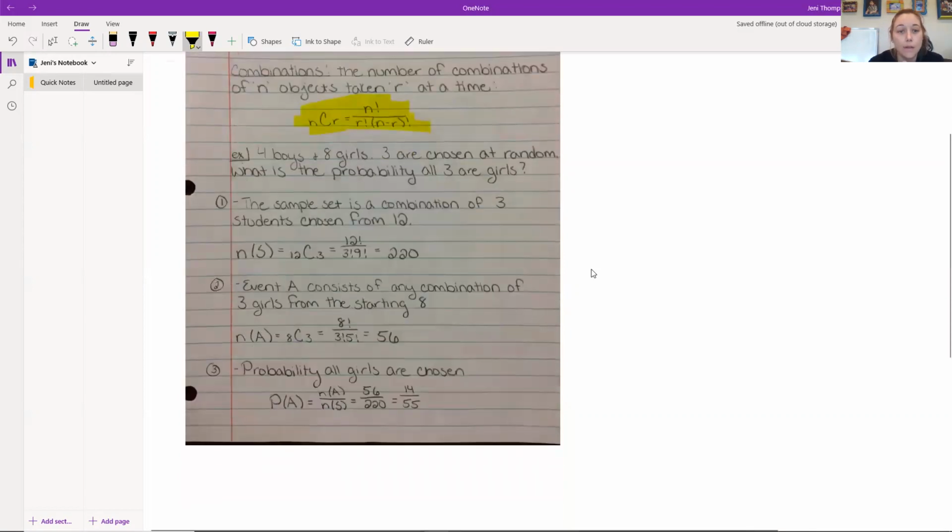I'll show you for this example. There are 4 boys and 8 girls. 3 are chosen at random. What's the probability that all 3 are girls?